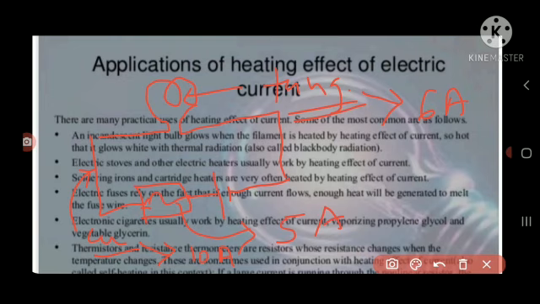Now what happens if, in place of fuse wire, general copper wire is present, and through the circuit, suppose 8 ampere current is passed? This copper wire easily allows the current to pass through.